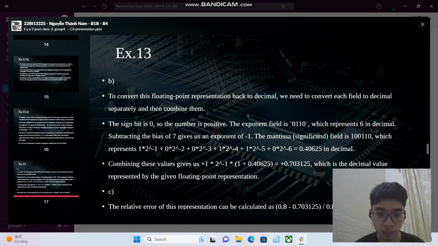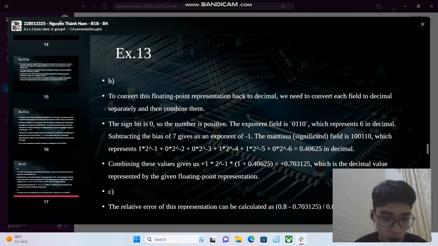Combining the values gives us 0.703125, which is the decimal value represented by the given floating point representation.